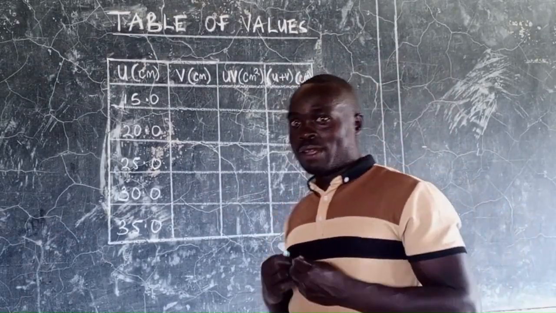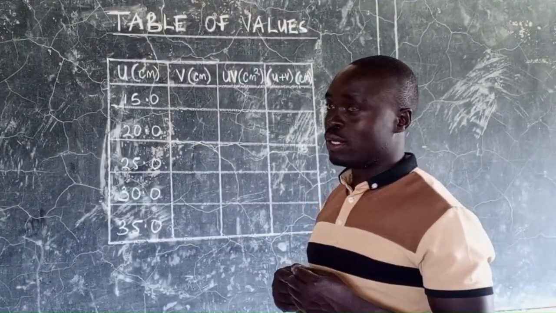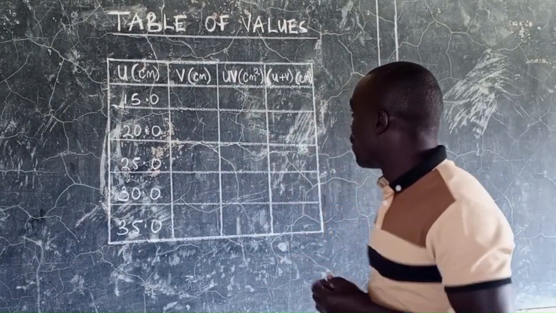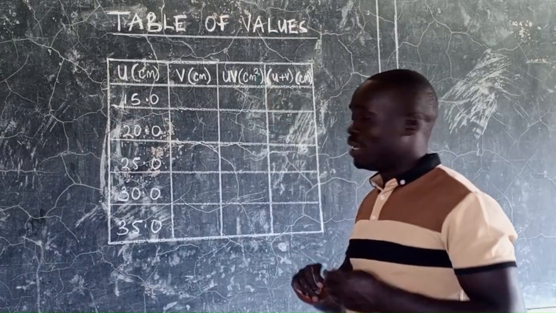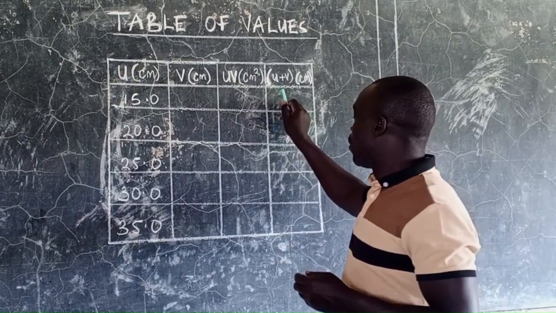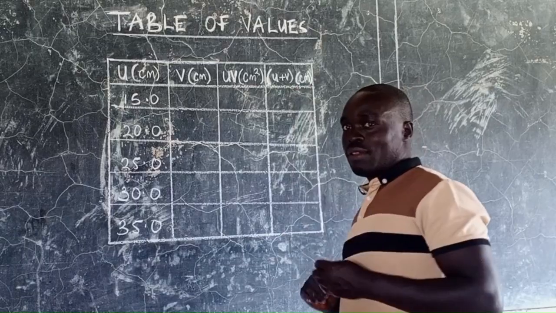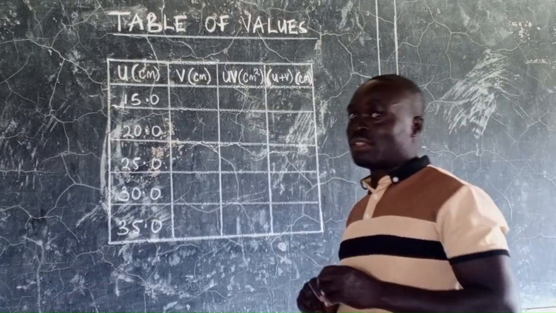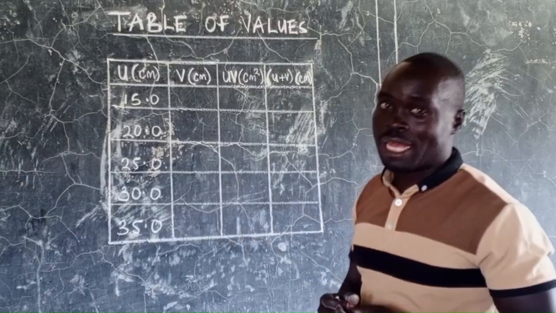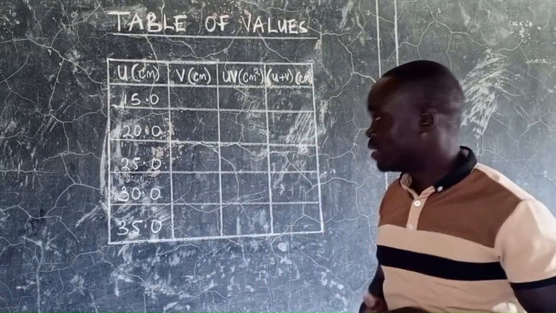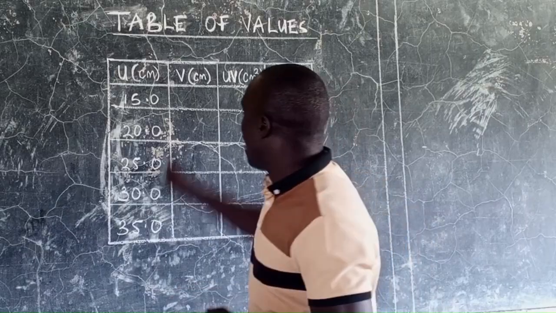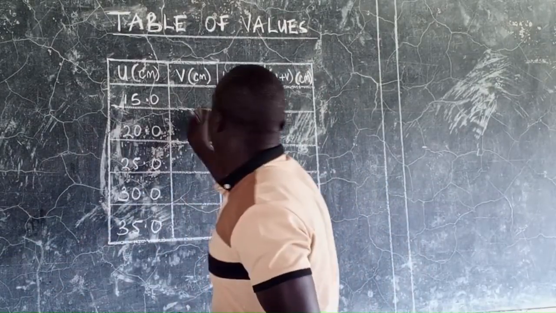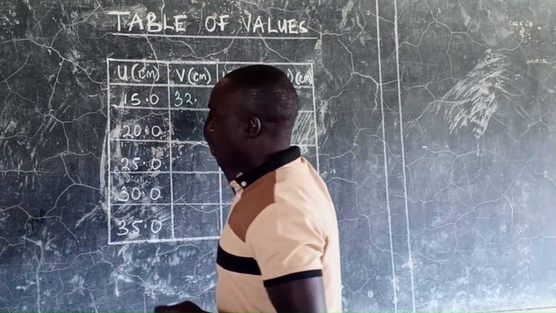Then in the table of values, we are going to include a column for UV, which is in centimeters squared, and also a column for U plus V in centimeters. These now become the calculated values that you will use your calculator to simplify. And as you can see, our initial V, when we did it there, started at 30.8.